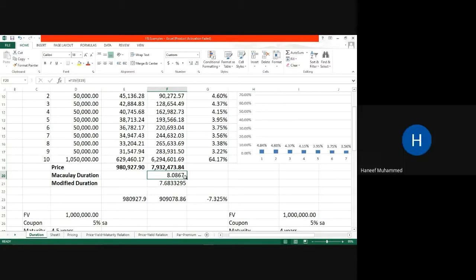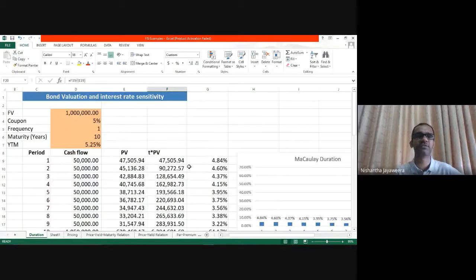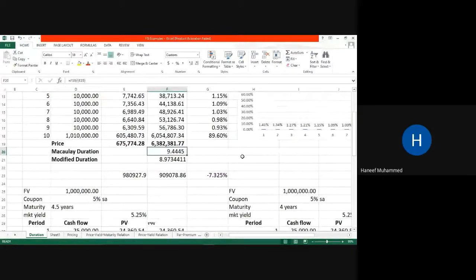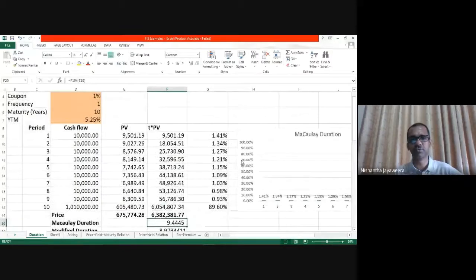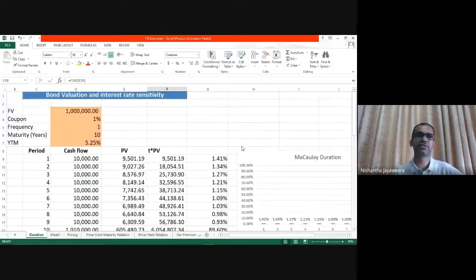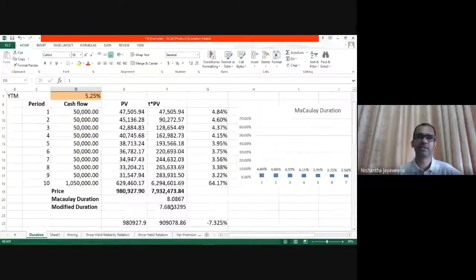It can be much closer to 10 depending on the coupon. If we decrease this coupon to say 1%, you can see it would be 9.4. So those are the dependency variables: coupon, maturity, and yield, at which point we measure this.